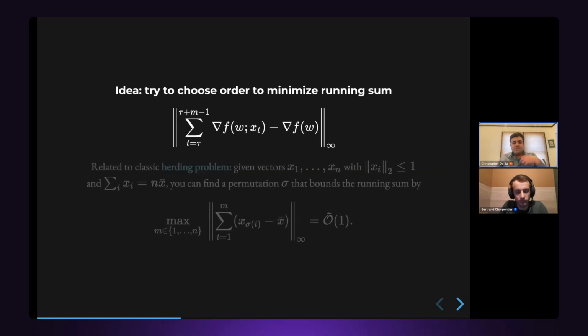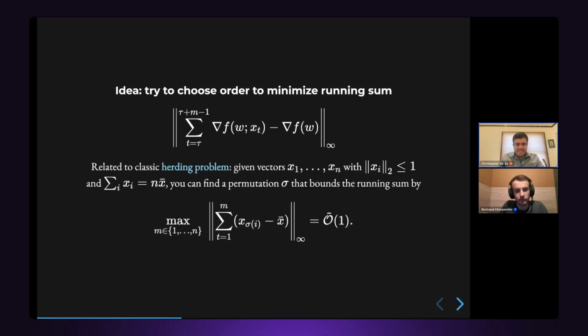What's really nice about this is that the herding problem has a known solution, and there are known algorithms that solve the herding problem and bound this L infinity norm in terms of a term that is O tilde of 1. So it's only logarithmic terms in n, the number of vectors, and d, the dimension of those vectors. And that's very promising for what we wanted to do.